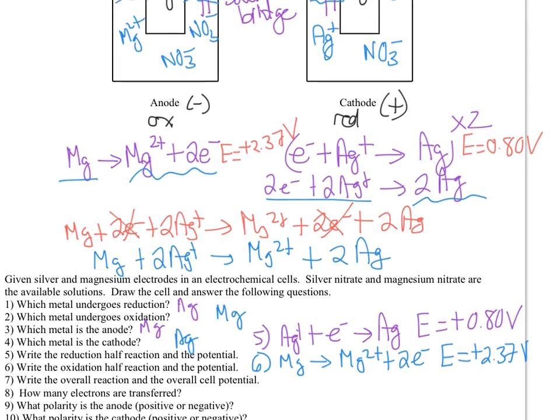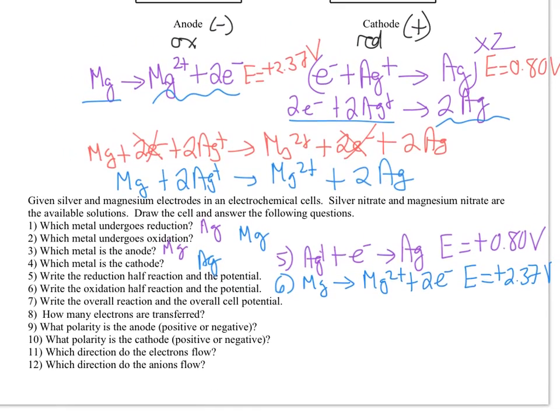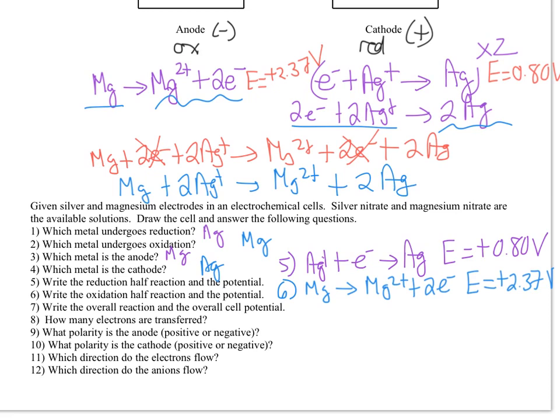So that is part of the answer to number 7. I'll rewrite it just for fun. Mg plus 2Ag+ yields Mg2+ plus 2Ag.